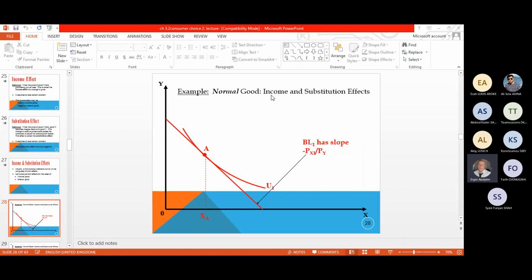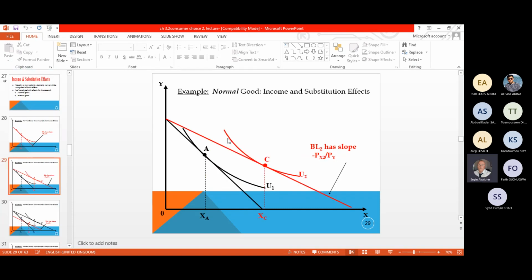And as you are observing here, the budget line or budget constraint, where it intersects both X and Y, is tangent to the utility or indifference curve. This is then Px over Py, which gives you the proportional relationship of these two products.